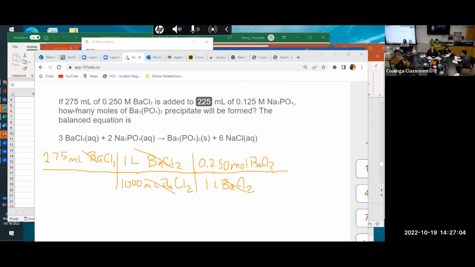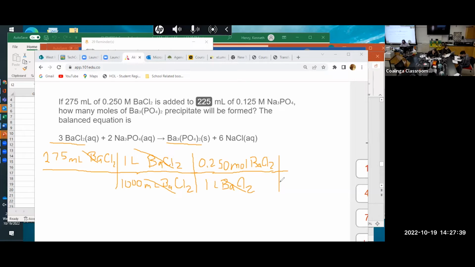Actually, we'll do it differently this time because it says how many moles of barium phosphate precipitate will be formed. So what we're going to do is find out how much barium phosphate we're making in this case. Because, again, I told you I'm always looking for the easiest way out. Here, we're looking for the product. Let's just go ahead and find the product for both cases. Okay. So if we do that, what is the ratio between barium chloride to barium phosphate? 3 to 1.